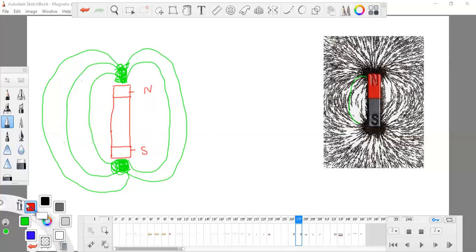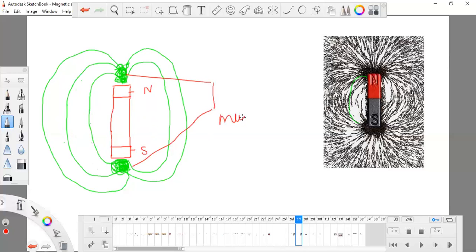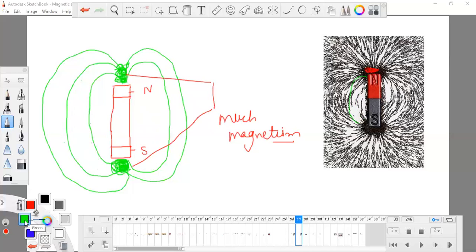Both of these poles have a large amount of magnetism, because this is a magnet. So here you will find that iron flakes will attract more at these sides, and the distribution is like this. So these are magnetic field lines.